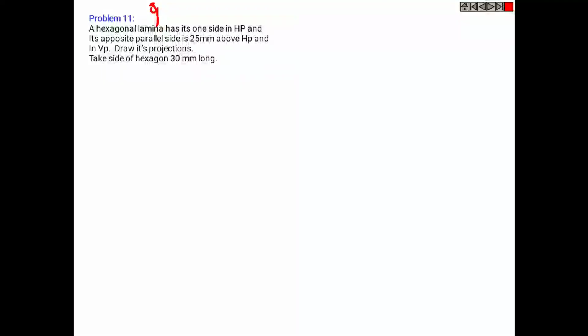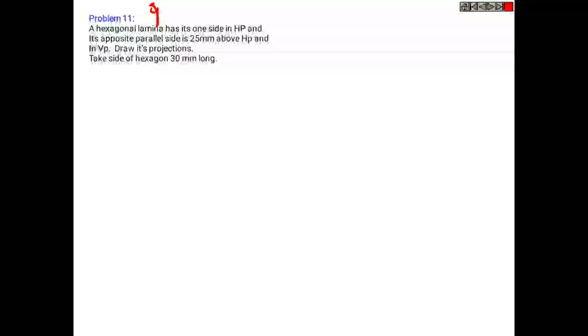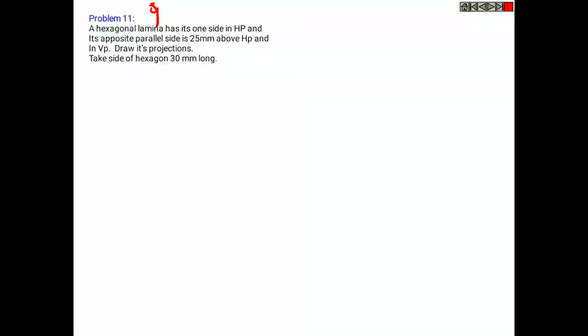So he has given you that a hexagonal lamina has its one side in HP and its opposite parallel side is 25 mm above HP and in VP. So draw its projections. Take side of hexagon 30 mm long.